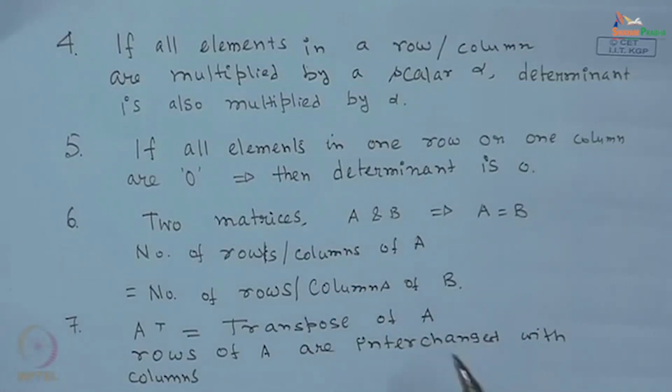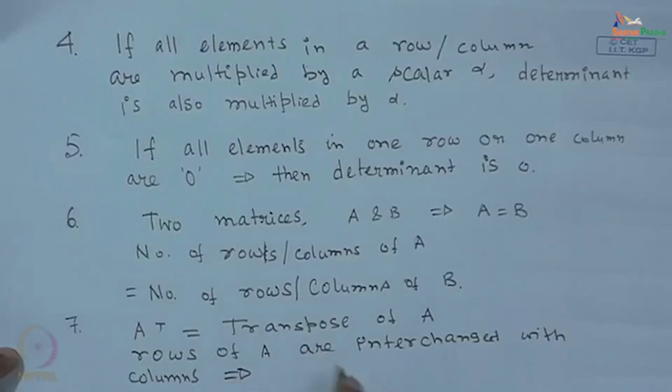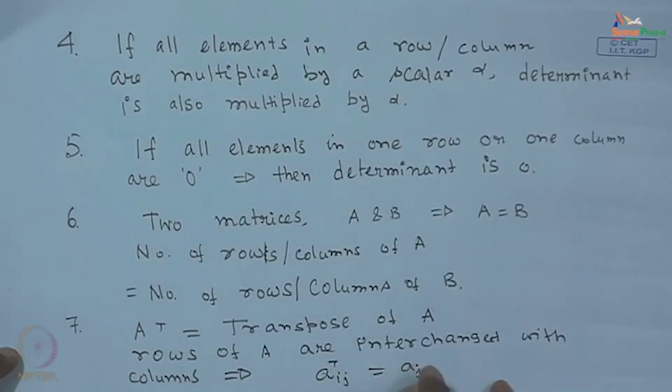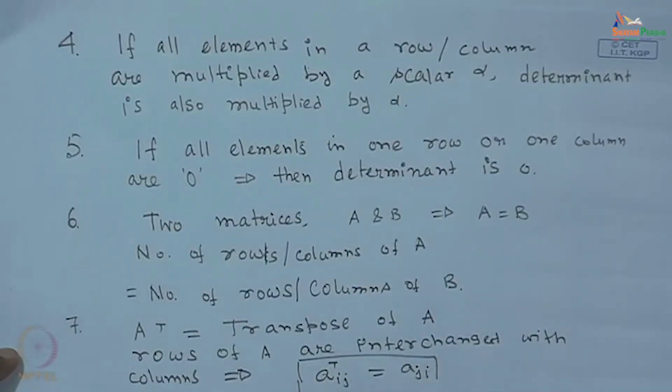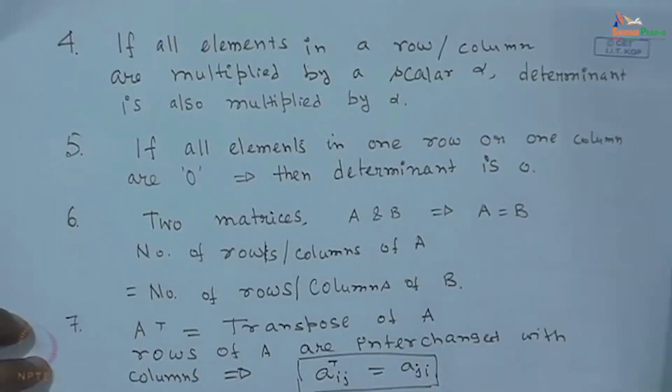The new matrix that is generated by interchanging the rows with the columns is called a transpose matrix. So, therefore, if superscript T represents the transpose matrix, then A ij superscript T should be equal to A ji. So, that is the relationship between the elements of a matrix A and its transpose.